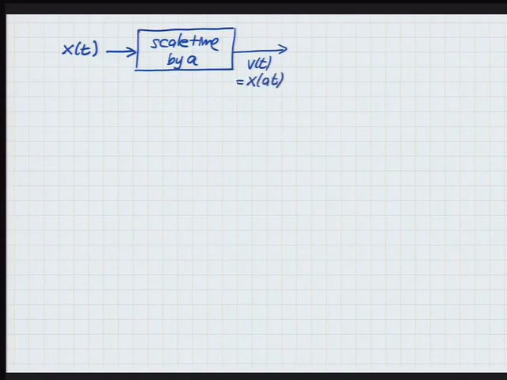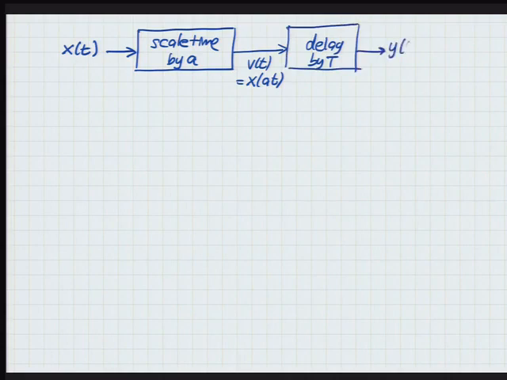And then the second system delayed by capital T. So y of t is v of t minus capital T. Let's try to express this in terms of x. In other words, let's just substitute v of t equals x of a t. What do I get?